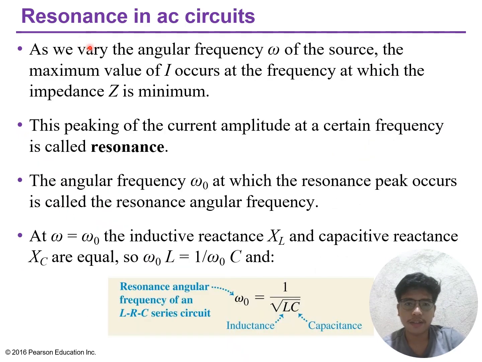So, resonance in AC circuits: resonance occurs when varying the source angular frequency omega produces maximum current amplitude I at the frequency where the impedance Z is minimum. This peaking of current at a specific frequency is called resonance.